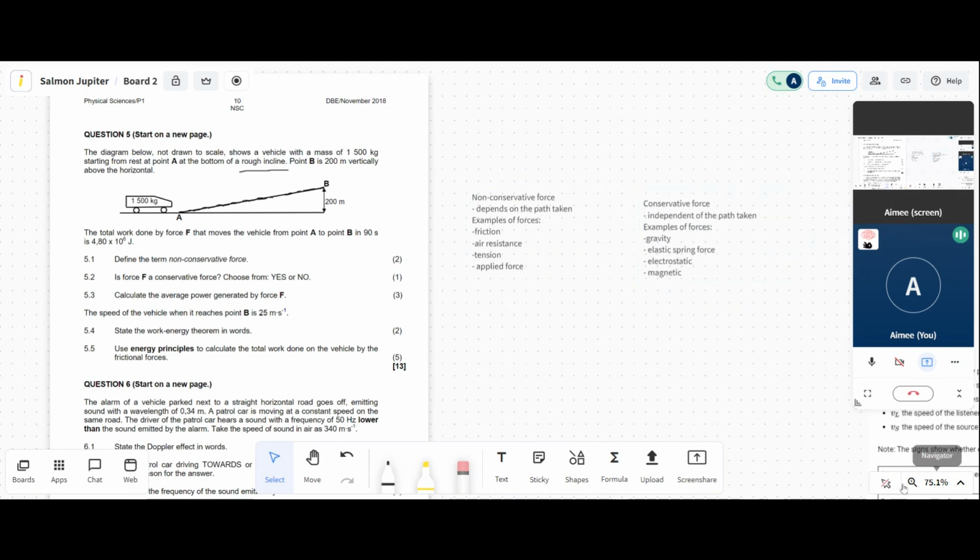So I just wanted to make a little summary of non-conservative versus conservative, just so that you've seen it and it's not too confusing once you get into your exam, okay?